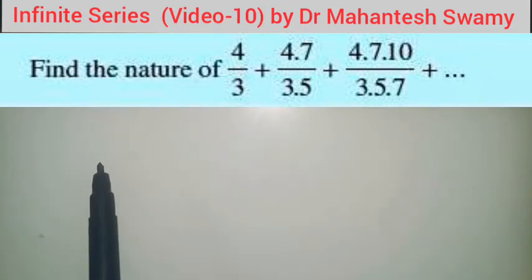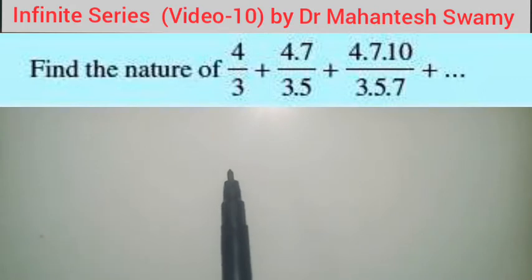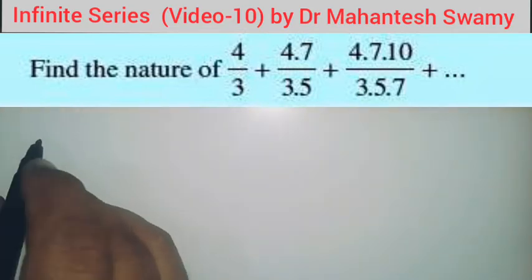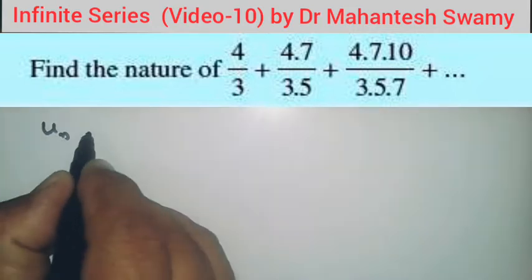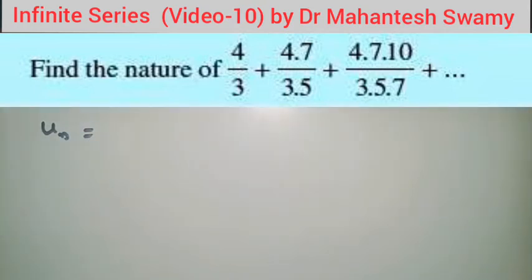In the first term, there is only one factor in the numerator and in the denominator. In the second term, there are two factors in the numerator and also in the denominator. In the third term, there are 3 factors in the numerator and 3 in the denominator. Therefore, in the general term, that is in un, we will have n terms in the numerator and n terms in the denominator.